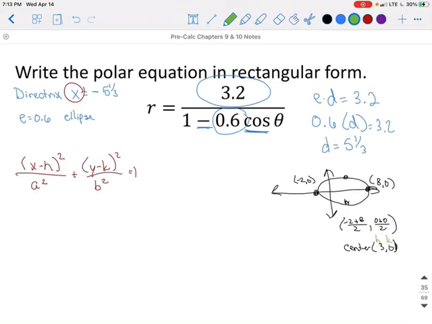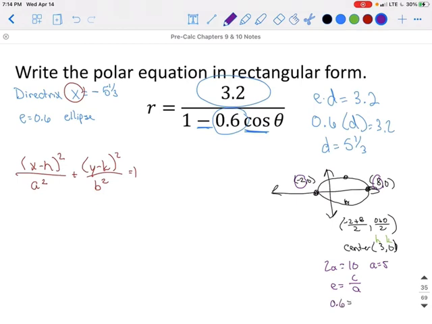Now we know that the distance between the vertices is equal to 2a. So if we do the larger minus the smaller, the distance from 8 to -2 is 10, or a is equal to 5. And we know that the eccentricity is equal to c over a.